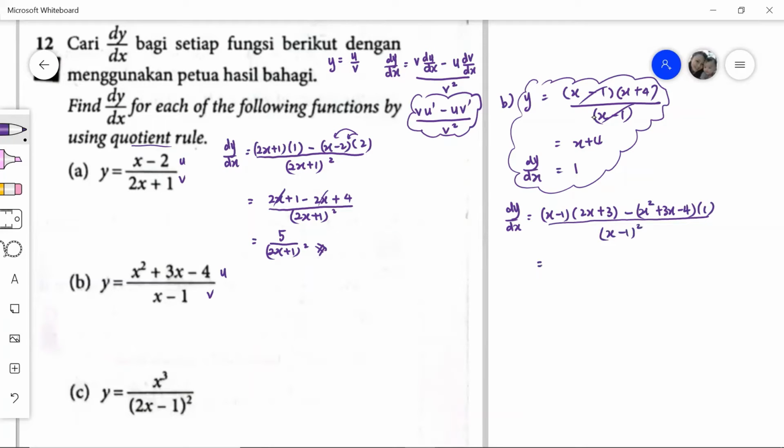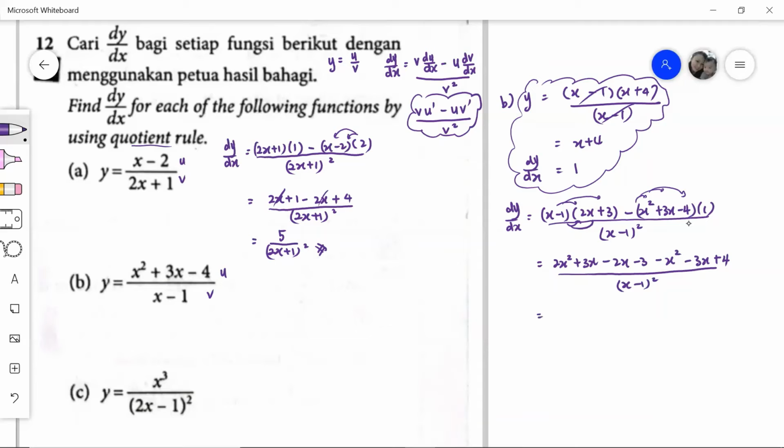Next, we expand the first part: we have 2x squared plus 3x, and then minus 2x minus 3. Open up this bracket: minus x squared minus 3x plus 4, over (x minus 1) squared.